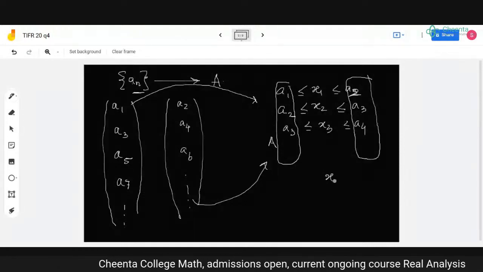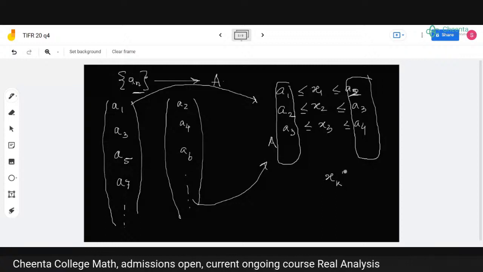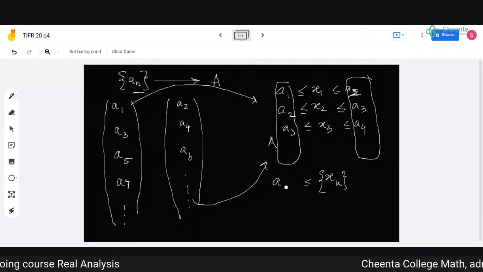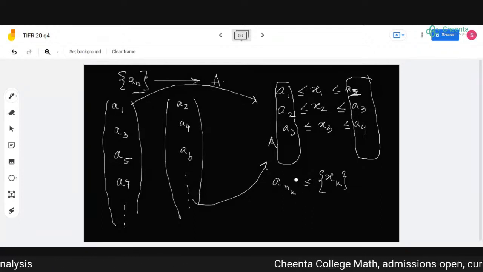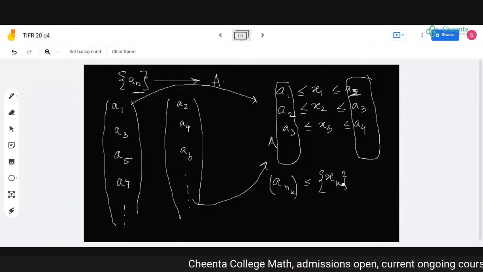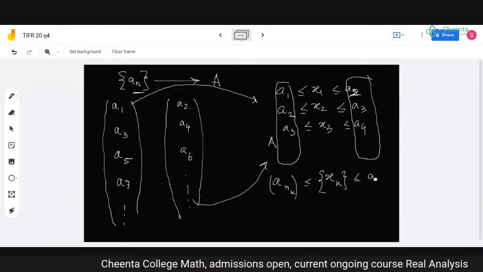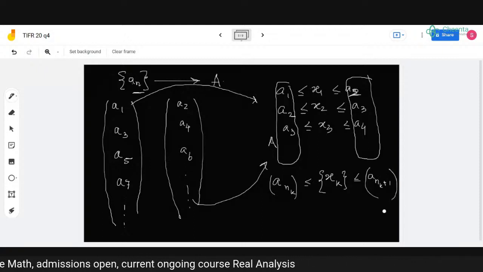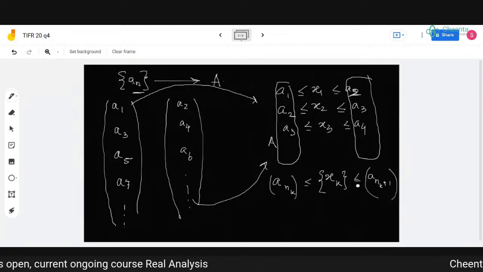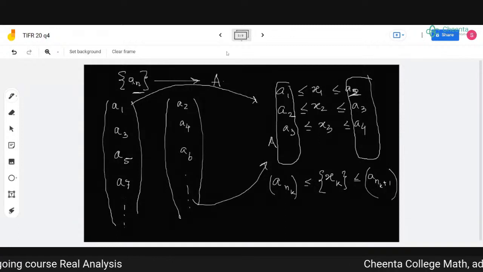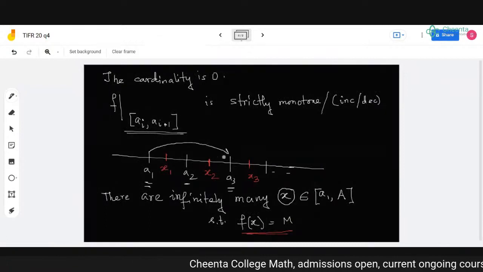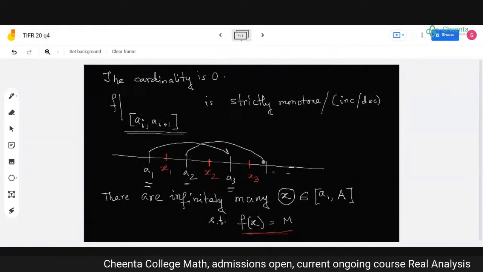So if I take the sequence x_k, then this sequence is dominated by two subsequences. I can always find these two subsequences. Whatever we have said, you can apply it here as well. Then a1 to a3, a2 to a4, and a3 to a5.